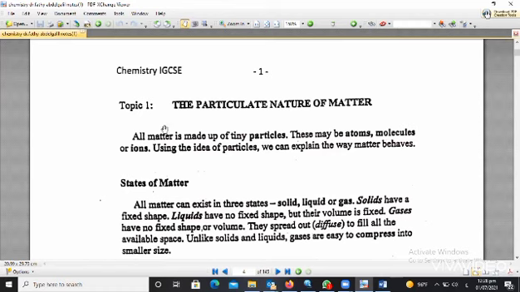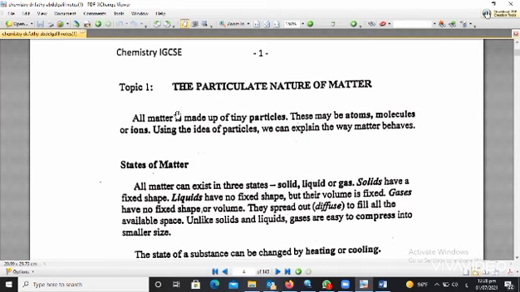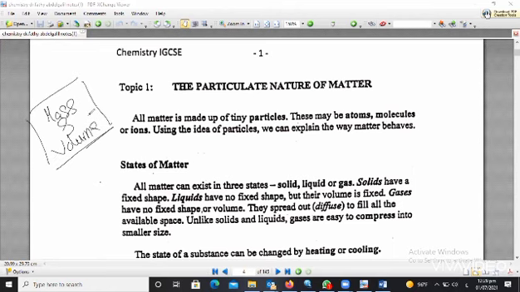So everything that has a mass and volume is called matter. Everything that has two properties, which are mass and volume. Any object that has a mass and volume is called matter.